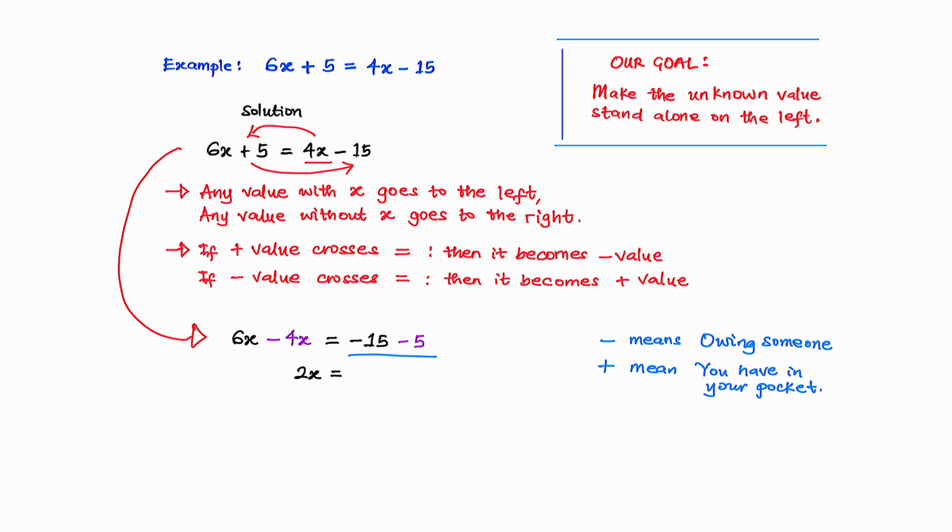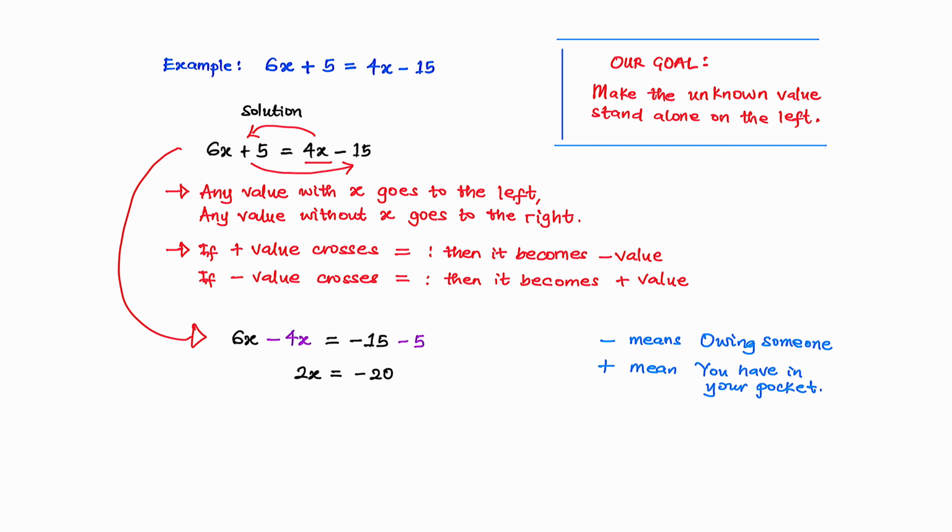The first number, 15, has a negative sign, which means you are owing. The second number, 5, also has a negative sign, which also means you are owing. So you are owing $15 and you are owing $5. That means you are owing a total of $20. That means minus 15 minus 5 is minus 20.